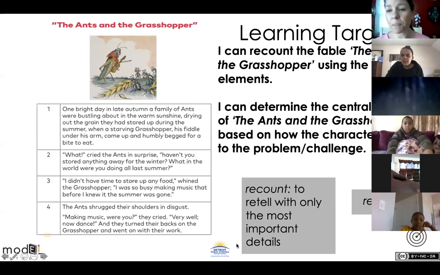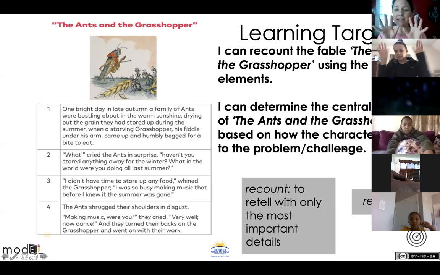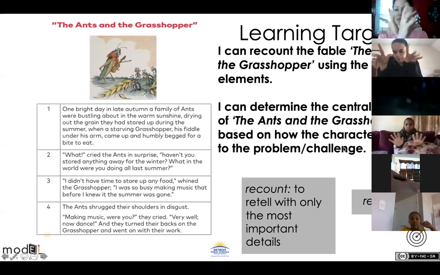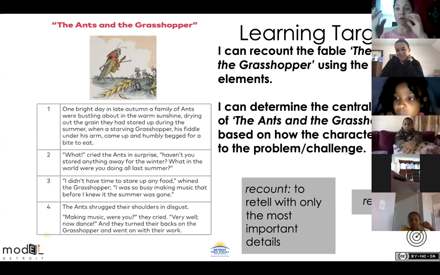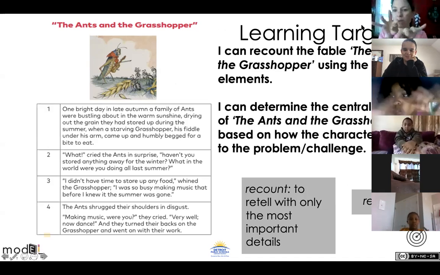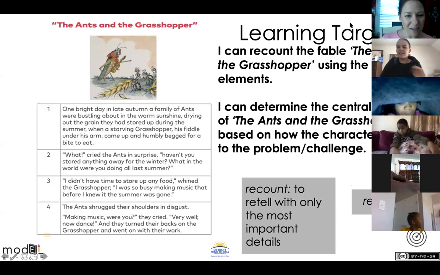Maybe. Bustling is kind of like moving around really fast. Yeah, so everyone take your hands like this and bustle them around. Bustle your fingers. That's what bustling is. It's like moving all around. You know how ants move around in their ant holes? That's kind of what bustling is. They're bustling about. All right, let's continue.